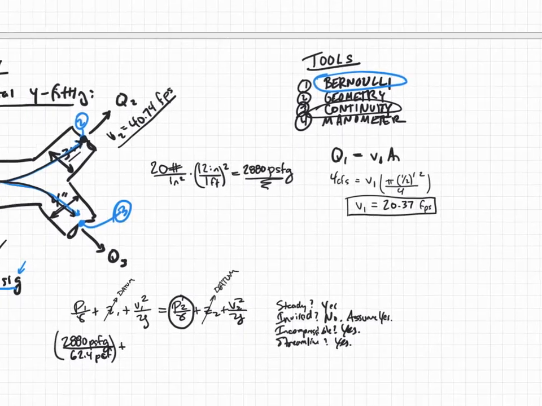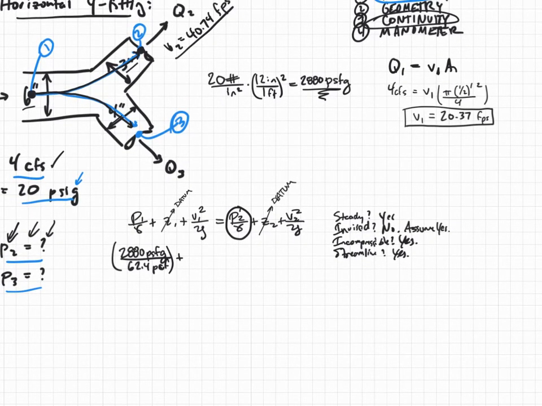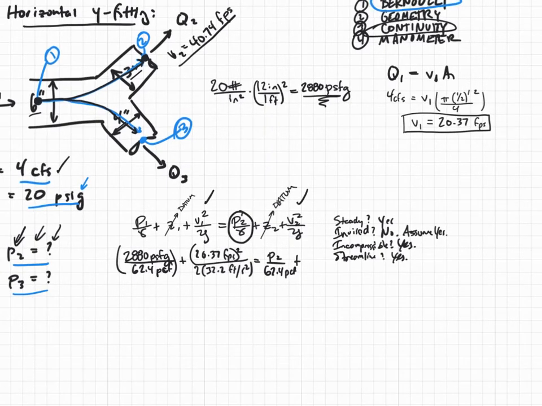So I know V1 and V2 from continuity, and now I can solve this. V1 is 20.37 feet per second, squared, over 2g. Remember g is 32.2, because I'm working with the dumb system, 62.4 pounds per cubic foot, plus V2 squared. What's V2 squared? It's given as 40.74.